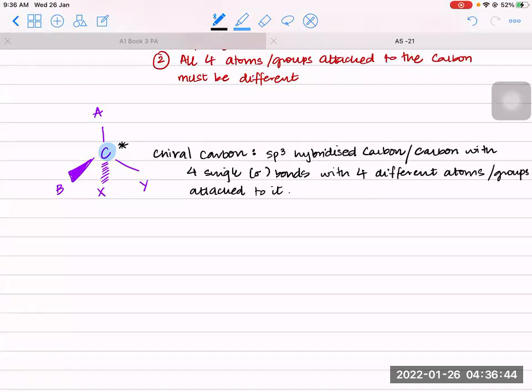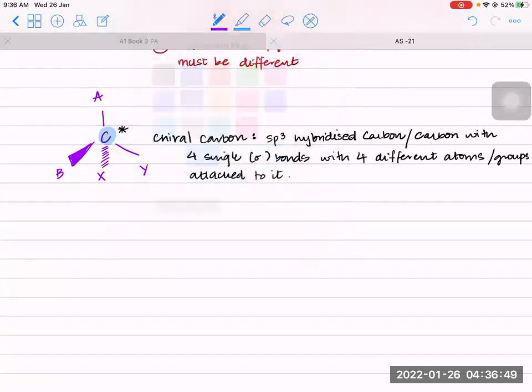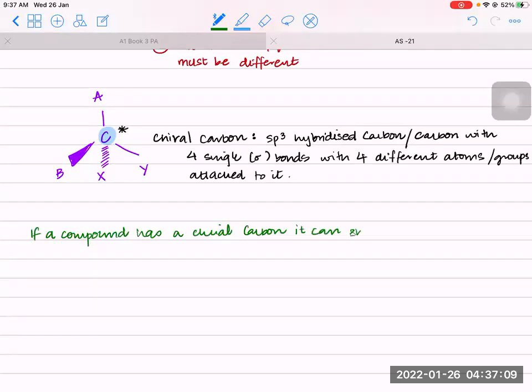We call that carbon a chiral carbon. If a compound has a chiral carbon, it can show which type of isomers? Optical isomers. So if a compound has a chiral carbon, even one chiral carbon, it can show which type of isomerism?